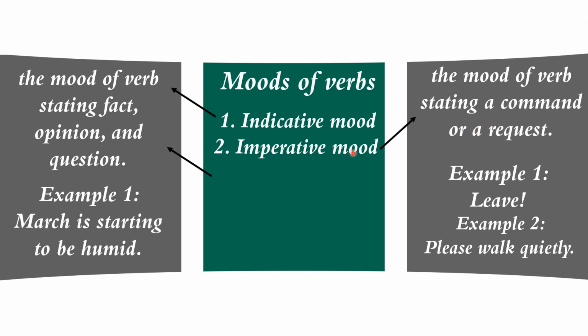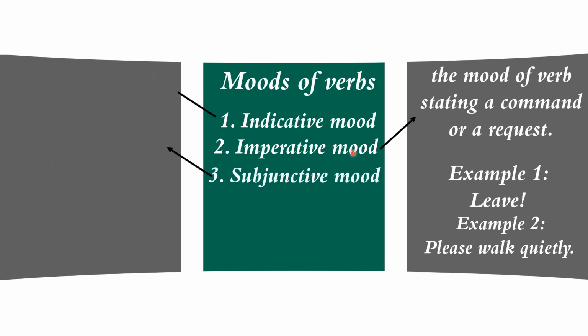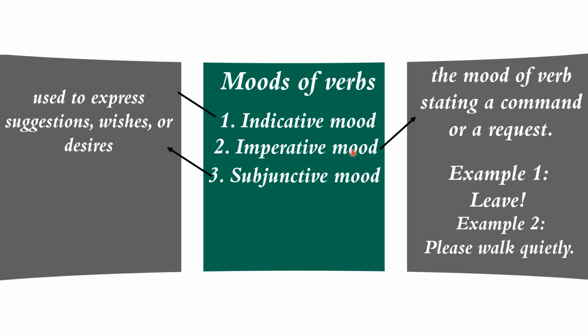The last one is the subjunctive mood, which is the mood used to express suggestions, wishes, or desire. This is the most uncommon mood of verb, and indicative is the most common one.